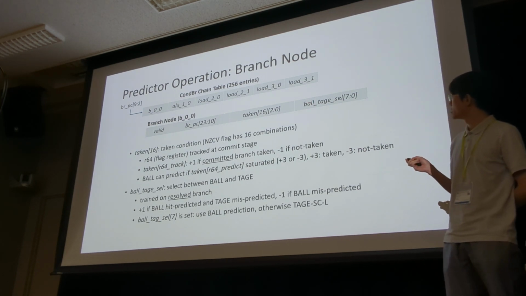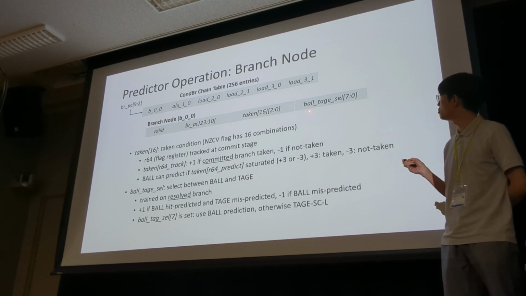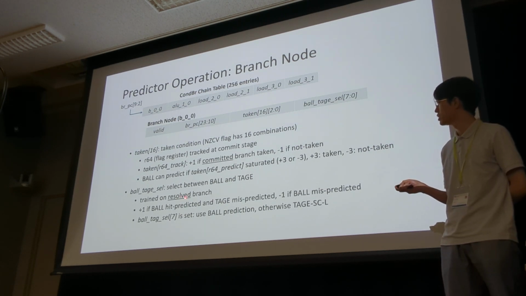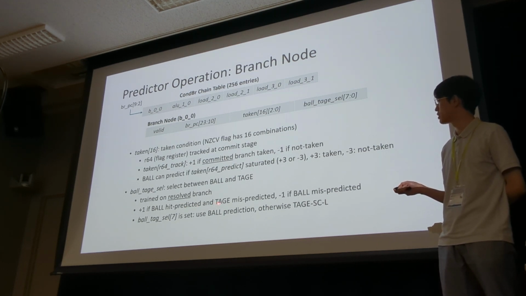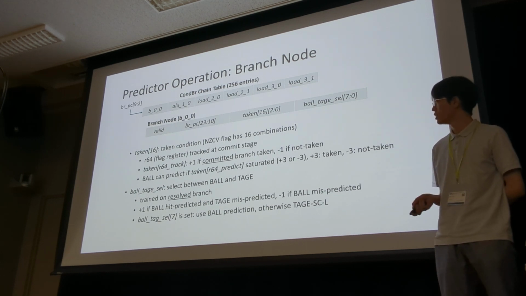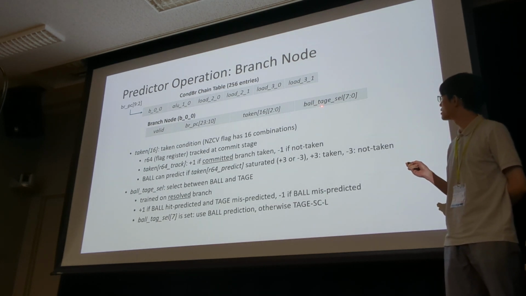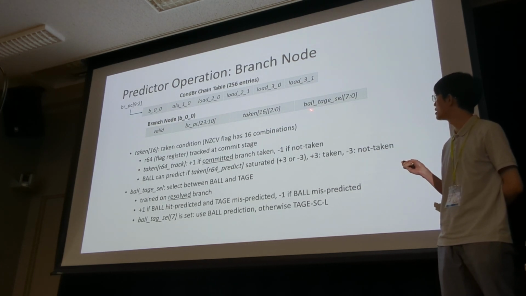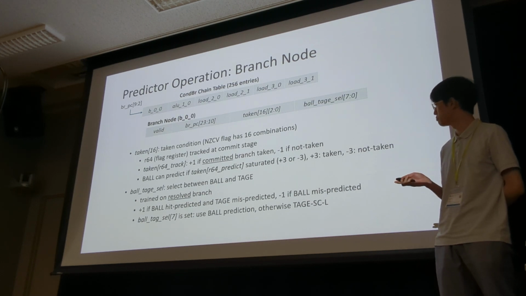There is also a counter to select between BALL prediction and TAGE prediction. It is trained on the resolved branch, and it will increase if the BALL predicted correctly and the TAGE mispredicted, and decrease if BALL mispredicted. If the counter is larger than half of its max value, then choose the BALL predictor, otherwise choose the TAGE prediction.